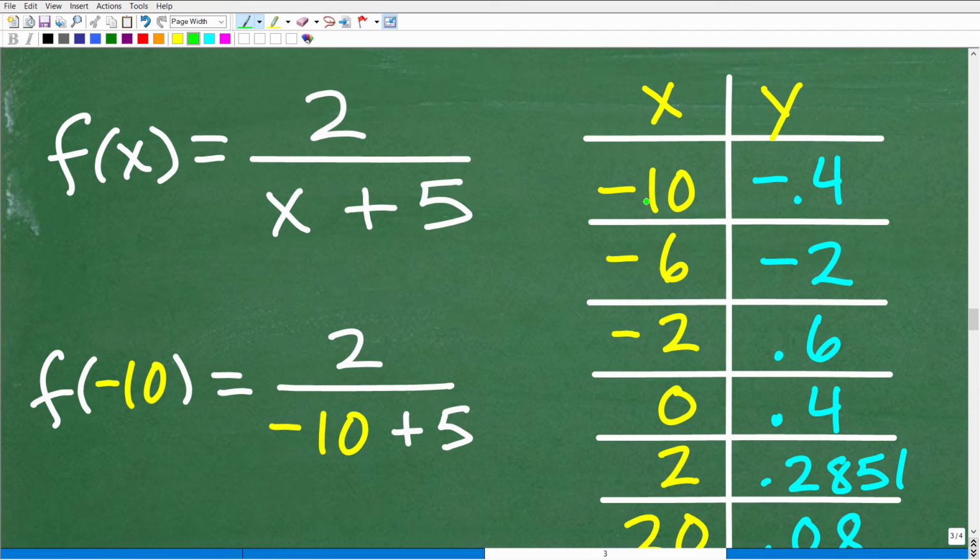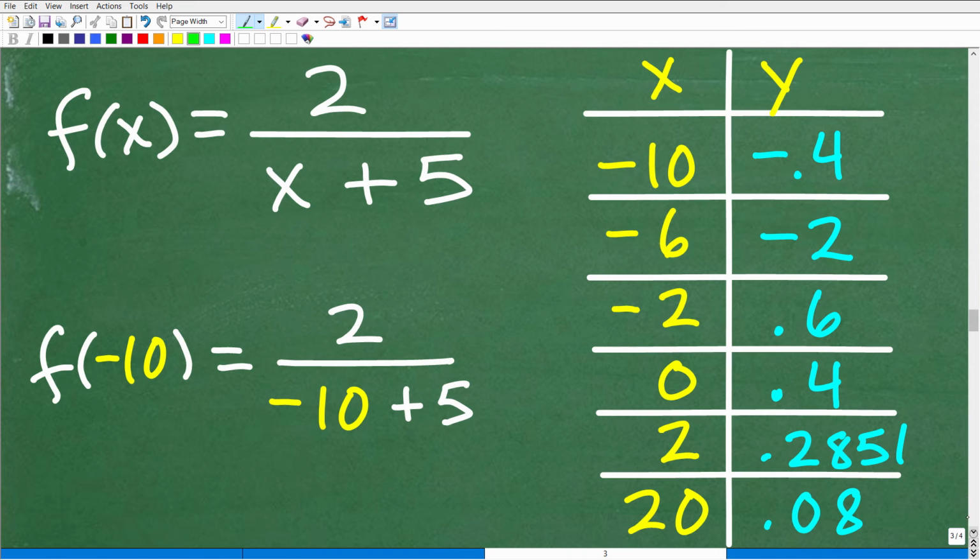We're going to find the y value for x is equal to -10, -6, -2, 0, 2, and then 20. I selected 20 because I wanted to show you that selecting an extreme point way out there on the x-axis confirms the behavior that you're seeing. Getting really far away from an asymptote or really close to an asymptote is a great way to verify what you think you're seeing.